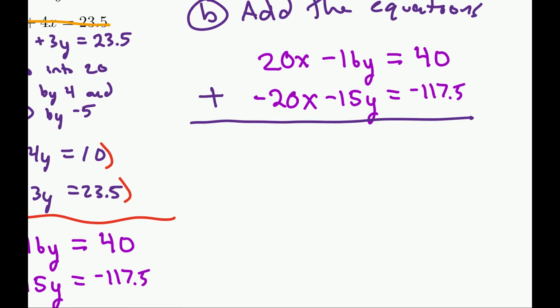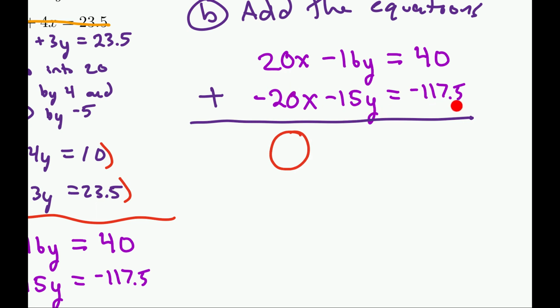Because we made a 20 and a -20, 20x minus 20x is going to be 0. So these cancel out.